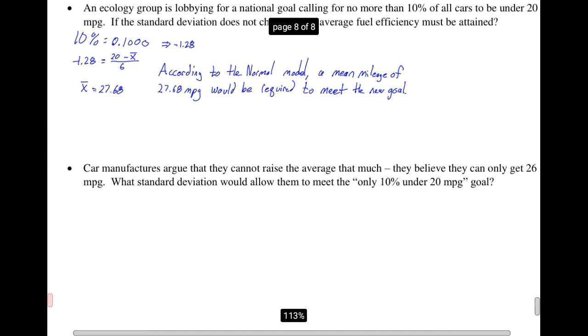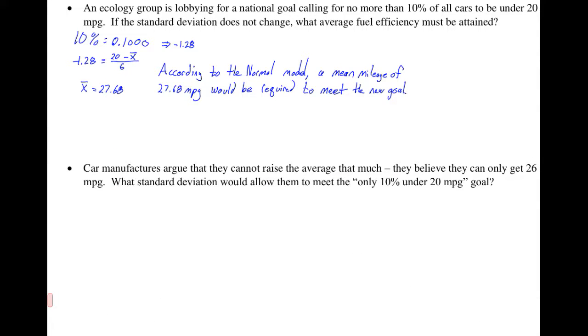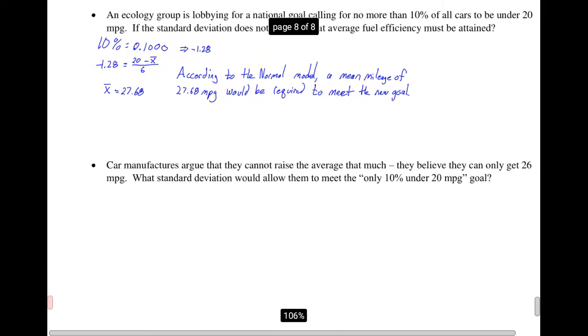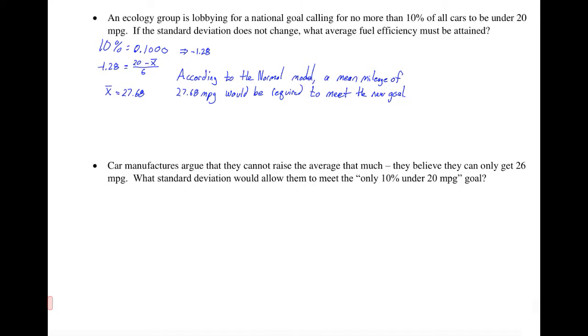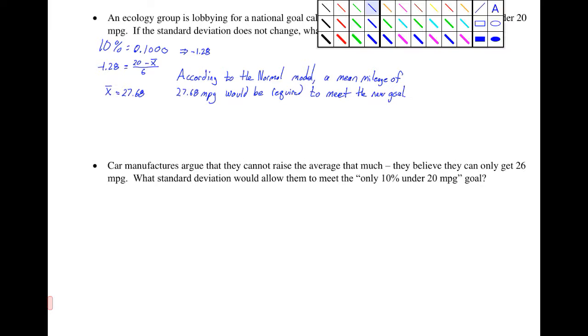Car manufacturers argue that they cannot raise the average that much. They believe they can only get 26 miles per gallon. What standard deviation would allow them to meet the only 10% under goal? We already know the z-score has to equal negative 1.28, so there's nothing new to do there.